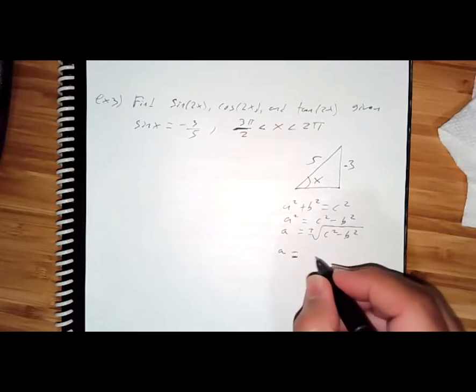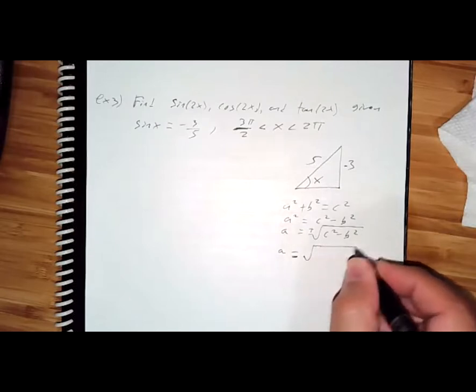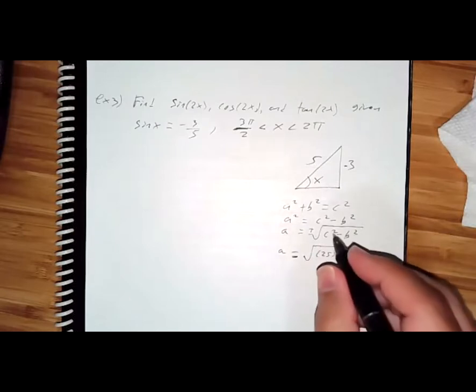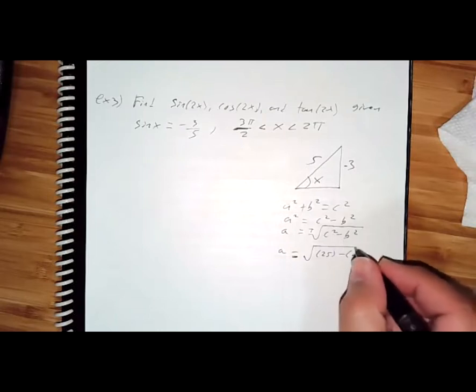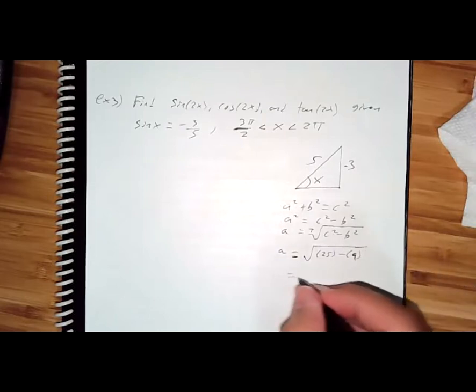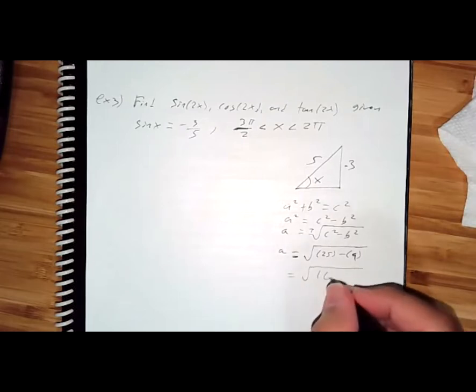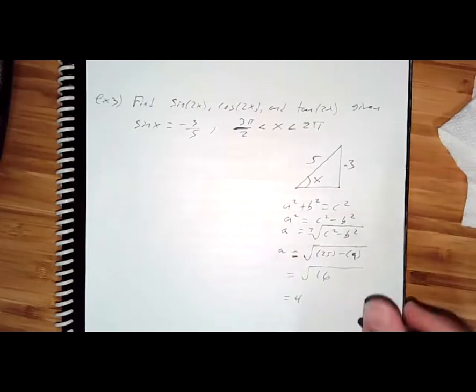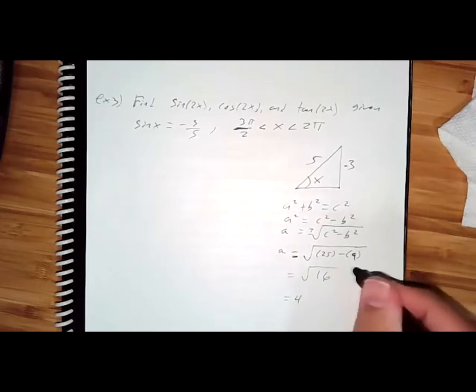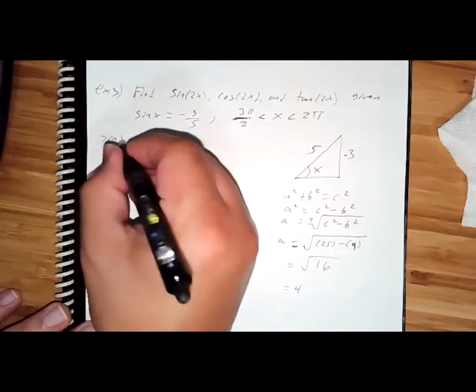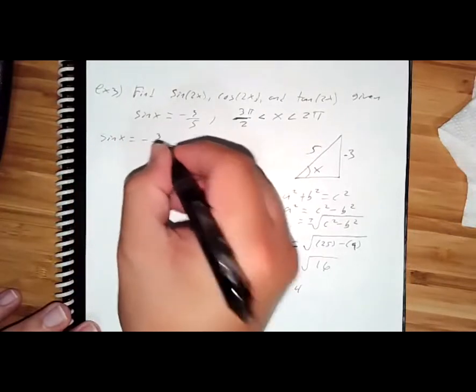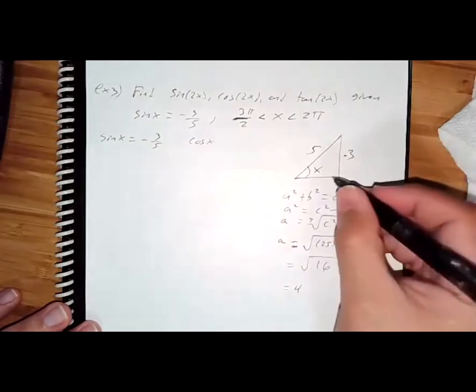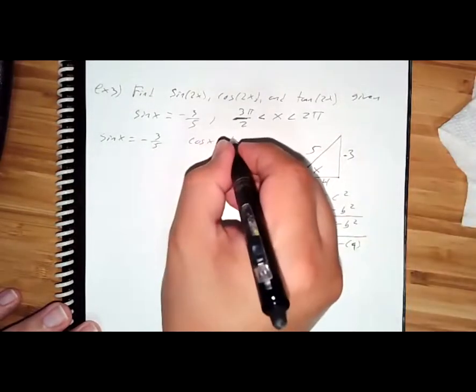So we will choose the plus. So 25, which is 5 squared, minus 9. So that will be 16, which is 4. Okay. So now I know that sine is -3/5, which means cosine has to be 4/5, right?